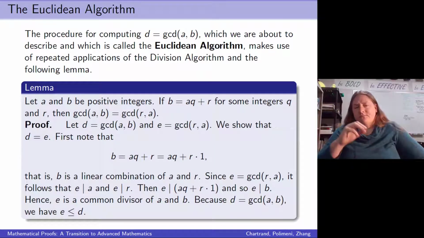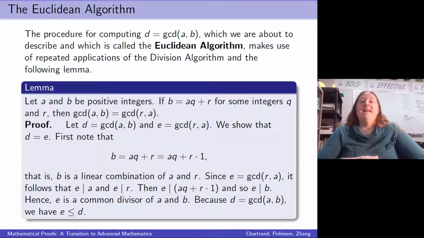Now, we are going to talk about this lemma here and talk through the proof of it, because we're going to talk about a way that we can find the GCD, which is called the Euclidean algorithm. The Euclidean algorithm relies on repeated applications of the division algorithm. And we can do it because this lemma works.